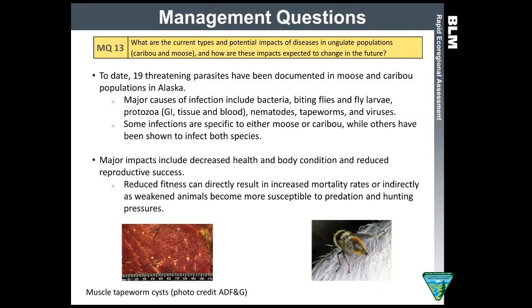Reduced fitness can directly result in increased mortality, or indirectly as weakened animals become susceptible to predation and hunting pressures. This is just an example at the bottom of a muscle tapeworm cyst from moose, and what I read was that if you cook this, it will be fine to eat, but don't feed the infected parts to your animals.